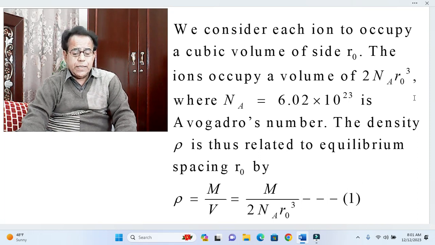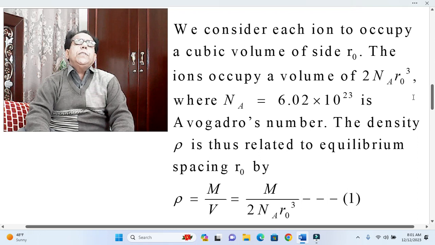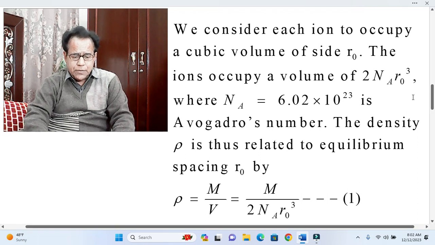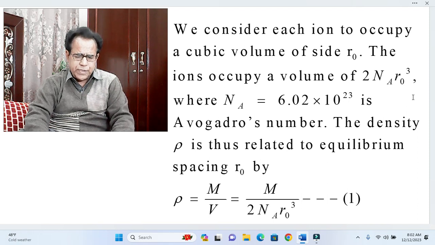We have given equation number 1 to this expression. This formula is the only tool which will solve our problem. Dear students, in this formula, the value of Avogadro's number will be taken from the snapshot or from any other table of physical constants.